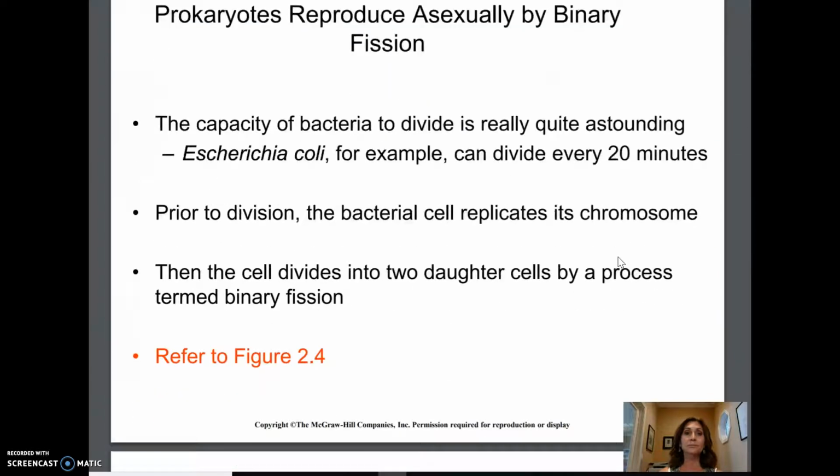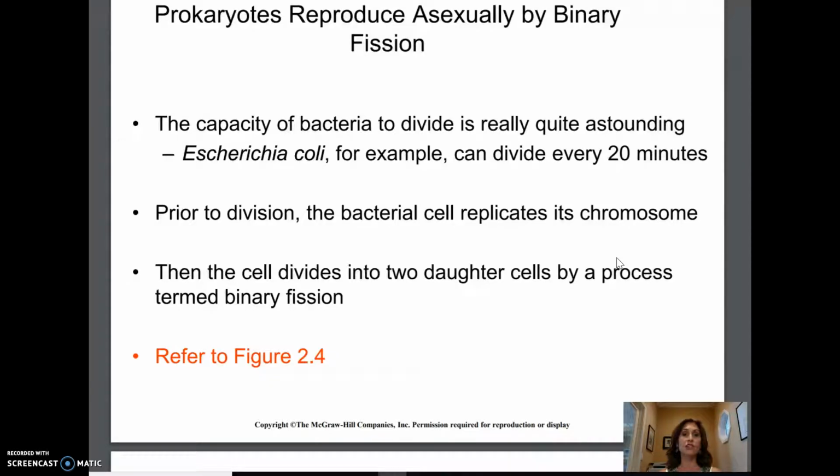Now, let's back up a little bit and start with the simplest type of cell division, which is called binary fission. Binary fission is what allows bacteria to divide very, very quickly. For example, E. coli can double its population every 20 minutes because every 20 minutes a single cell can divide into two cells. Before that, though, all the chromosomes need to be replicated.